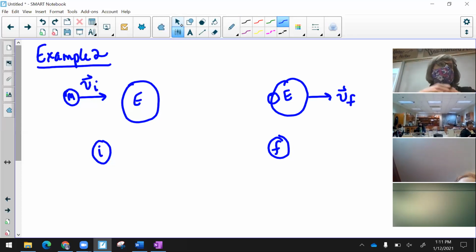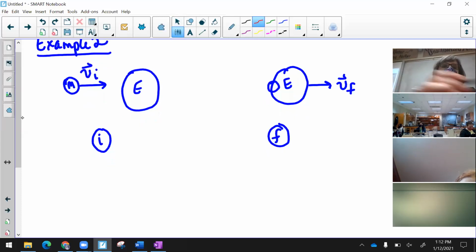And because there are no external forces, there's no friction going on here, everything that's happening is internal to the system, I can say that momentum is conserved. So I can say that the total momentum of all of my objects before the collision is going to be equal to the total momentum of all of my objects after the collision.